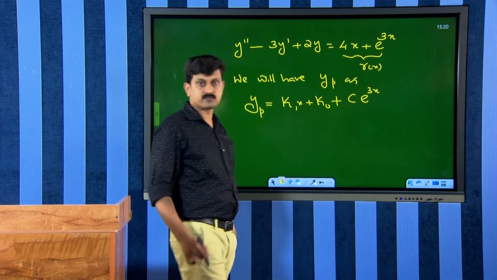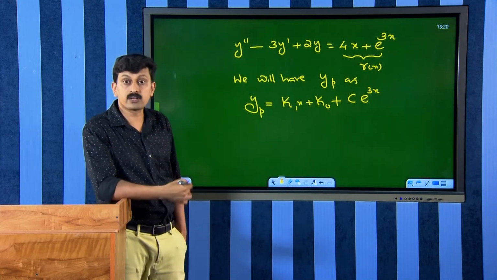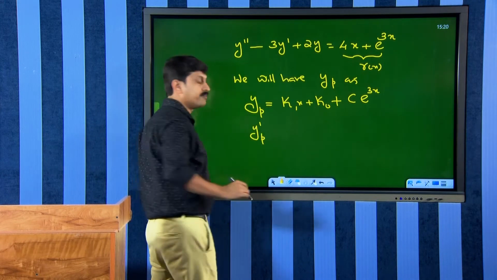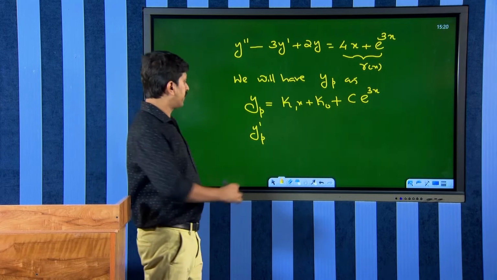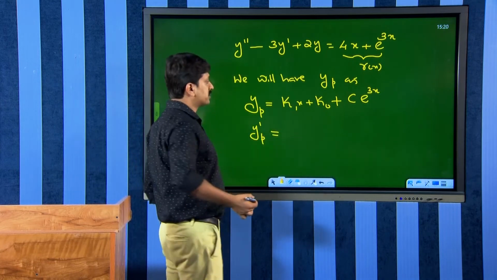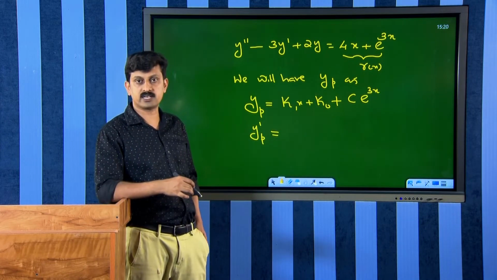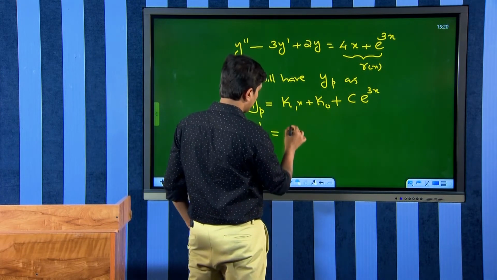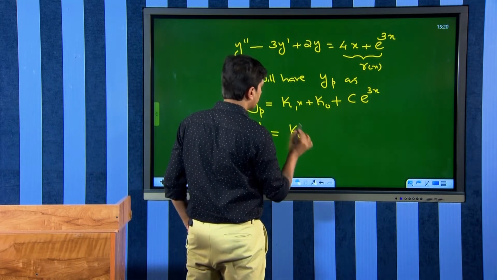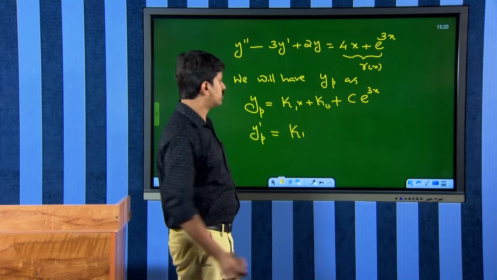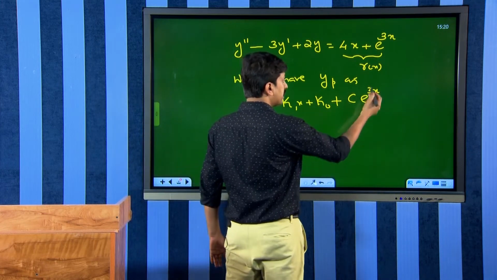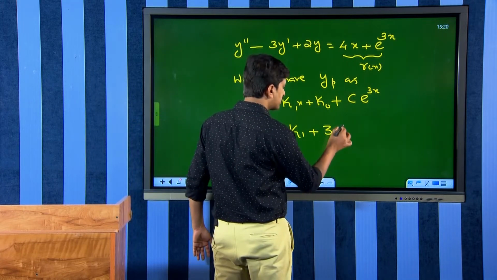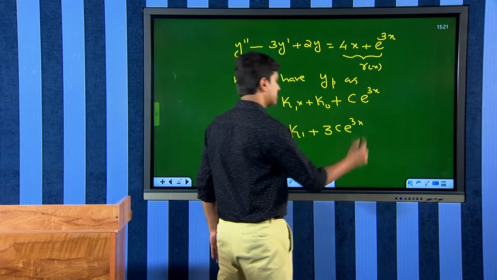Fine, so I would like to find yp dash. Here yp dash is k1 of x differentiated, which is k1; the derivative of k0 is 0; plus c e raised to 3x differentiated, which is 3c e raised to 3x.